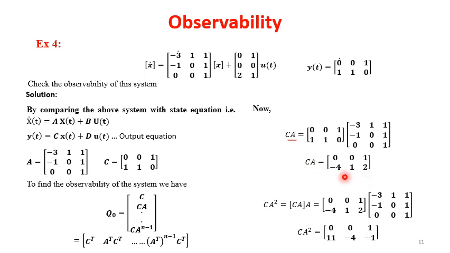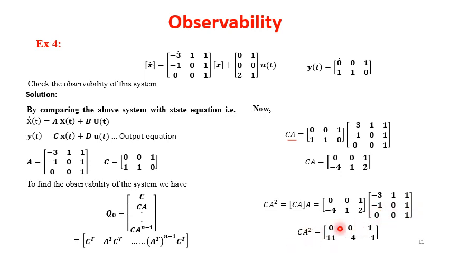When we multiply both, we get 0, 0, 1, minus 4, 1 and 2. Similarly, to find out CA square, that is CA multiplied by A. CA already we have 0, 0, 1, minus 4, 1, 2 multiplied by A, that is minus 3, 1, 1, minus 1, 0, 1, 0, 0, 1.